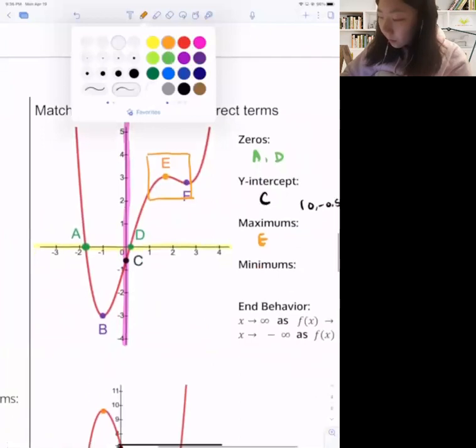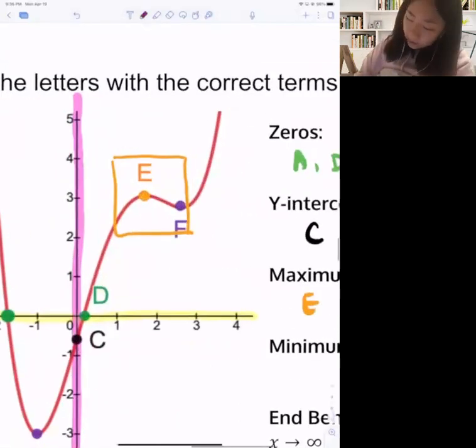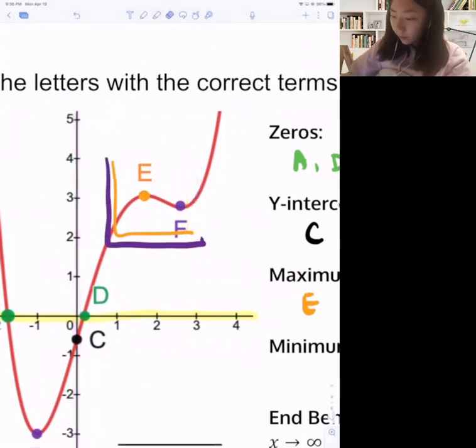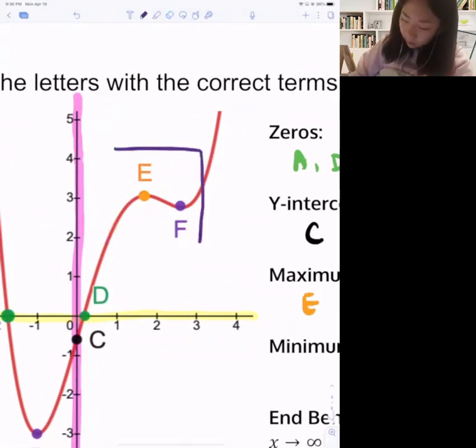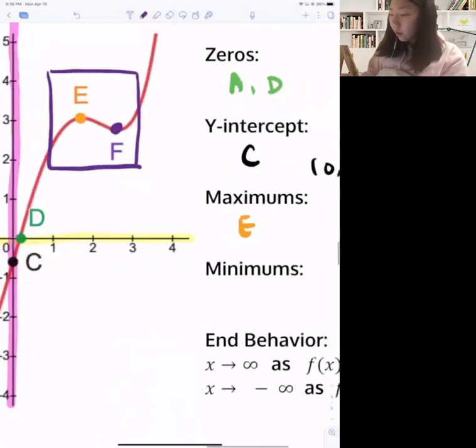Because F is right next to E, let's look at F. In this same region, I can tell that I'm the lowest around those points. That's why I know I am a local minimum.